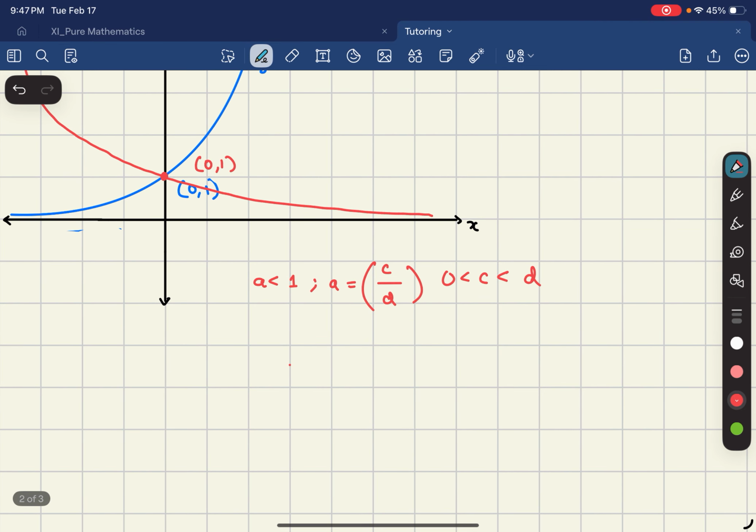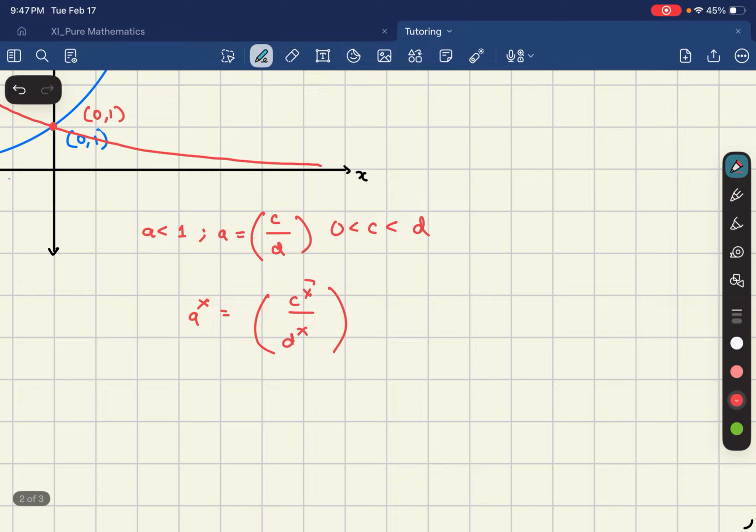So now, why does the graph look this way? The idea is that if I increase x, then by laws of exponents, a to the power x is c to the power x over d to the power x, right? This is how your laws work. And basically, the numerator is going to be smaller and the denominator is going to be bigger, because d is greater than c, right?